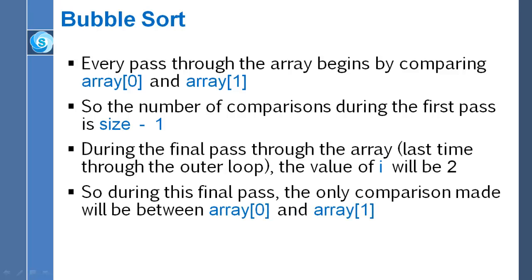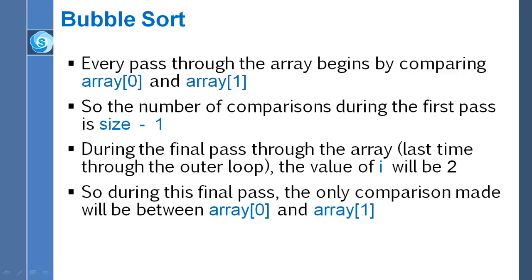Okay? And then because of that, now look very carefully, and I mean this, look very carefully at the inner loop header. You have J initialized to be 1, as always, and you see that it continues as long as J stays less than I. Well, now I is 2.